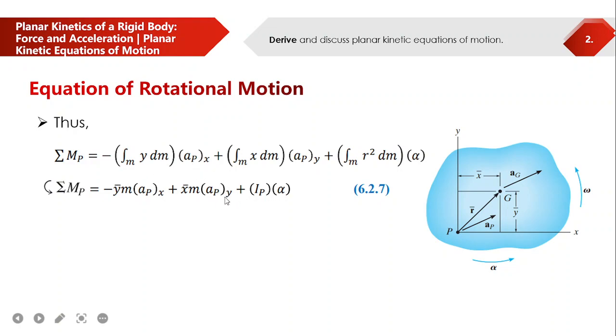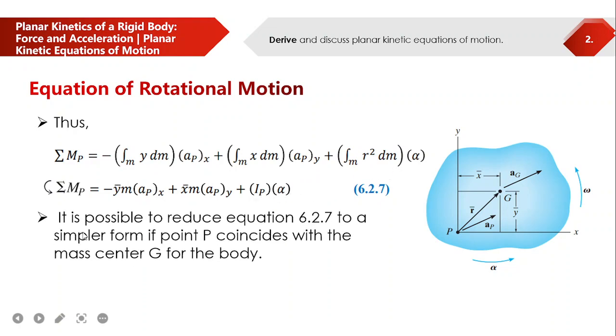Since a sub p sub y and a sub p sub x are constants, just copy them. Then the integral of this one is the moment of inertia, I sub p, times alpha.